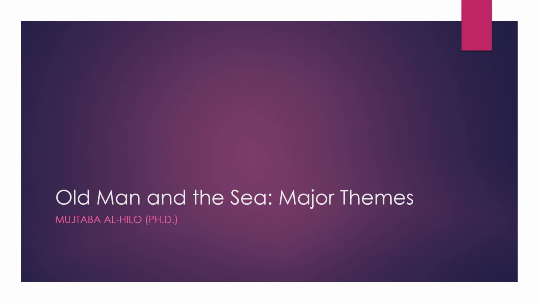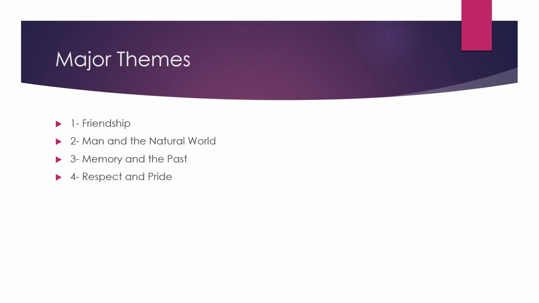But according to my reading, which fits the abilities of my students, I focus on these 4 main themes and their meanings. As students, you may also find and highlight other themes that you deem proper. So, number 1, we have friendship.